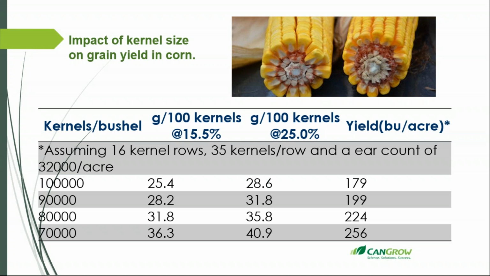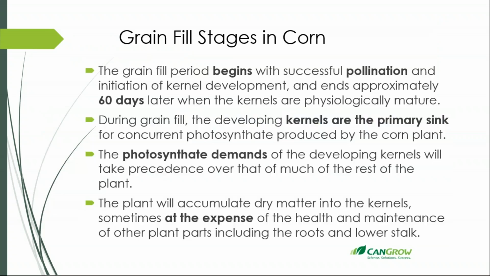Here's what we would receive at a 100 kernel weight of 25 grams at 15.5% moisture: we see a variation between 179 bushels all the way to 256 bushels. So this is a significant portion of yield that we need to understand.